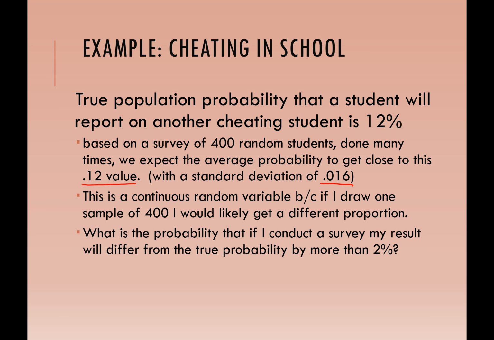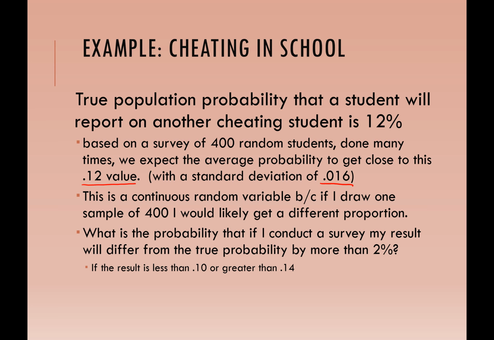So we want to know what is the probability that if I conduct a survey, my results will differ from the true probability by more than 2%. Now, the other thing you have to be told at this point is that the distribution is approximately normal. Later on, you'll have a way to check this.